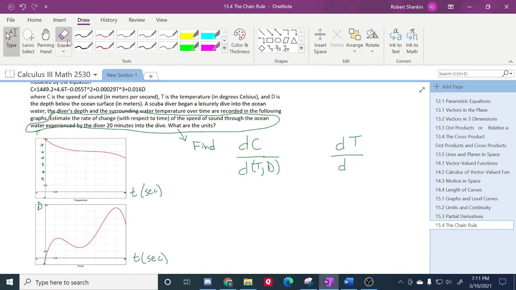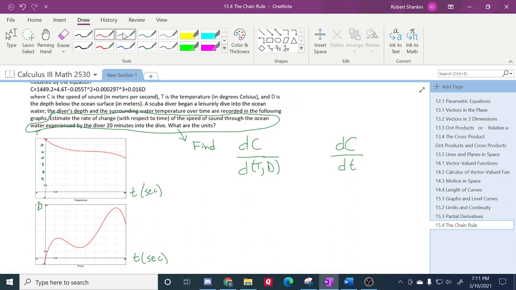And then I use a lowercase t on the bottom to separate it from the capital T of temperature. dc, and then dt with a little t. This is what we're really being asked to find. And I'm glad, Rowan, that you suggested this, because it'll help us differentiate this.